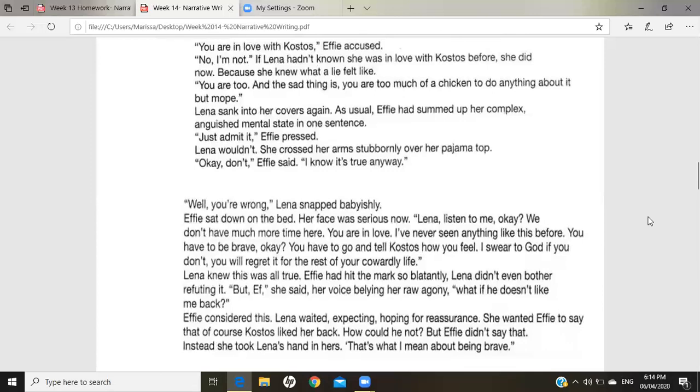Any line that points to her being insecure? Yeah, which lines? No, you can just read the sentence to me. What if he don't like me back?